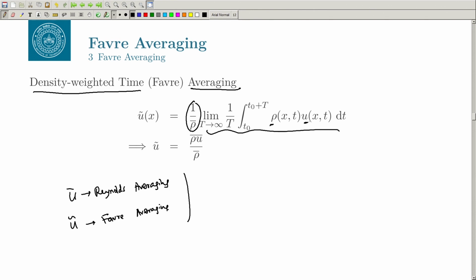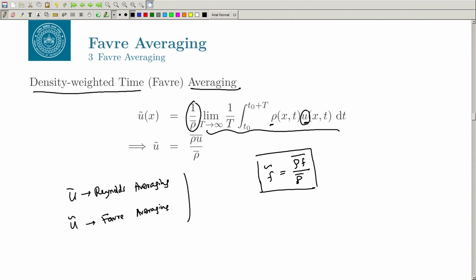So if you have a variable f, you basically multiply rho f, take an average of that, divide by the mean of rho, and call it f tilde. The f can be anything, it can be your velocity, it can be your temperature, right. So this is how we will derive your Favre averaging.